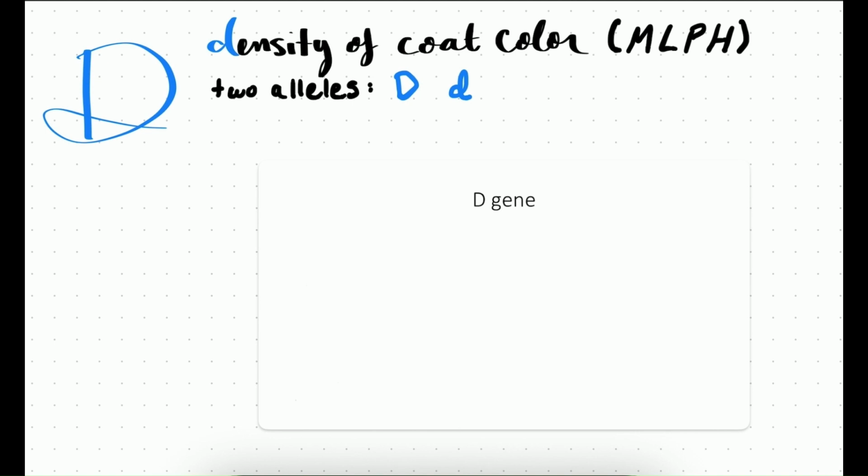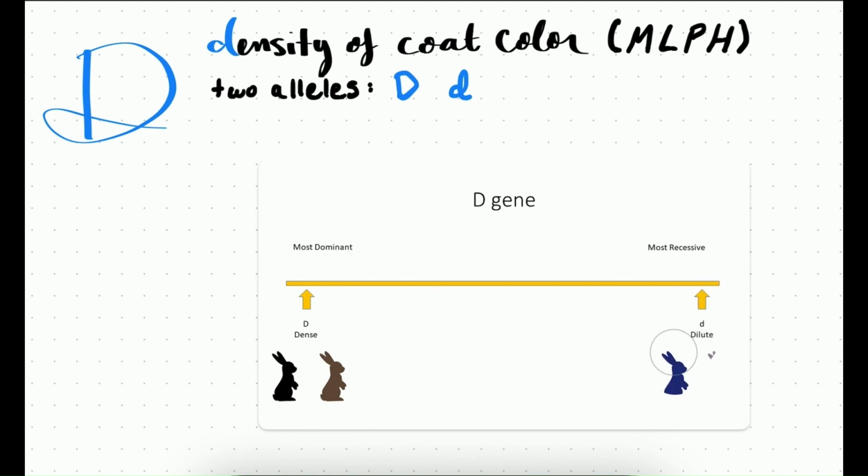This gene also demonstrates complete dominance, with the big D allele being dominant to the recessive little d allele. The big D allele contributes to a dense coat color, meaning that the base coat color will appear according to the B gene genotype. The little d allele represents a dilute coat color, meaning this will affect the coat base based on the B gene.